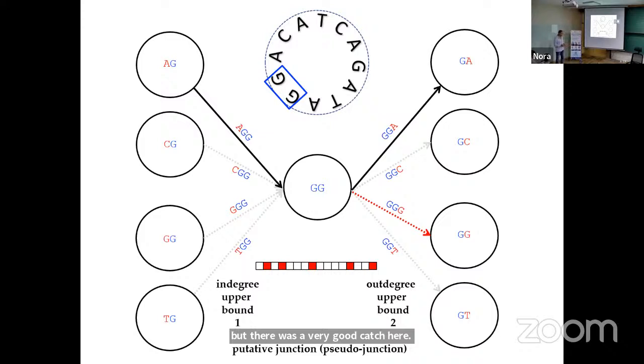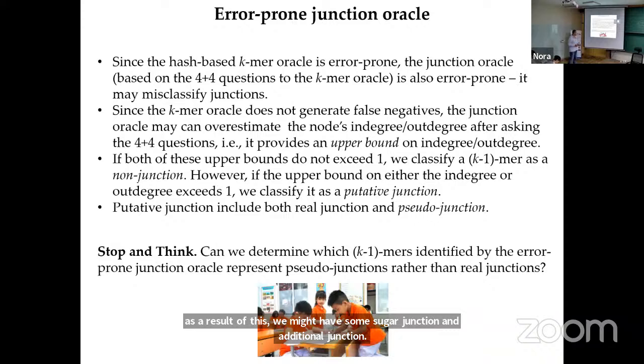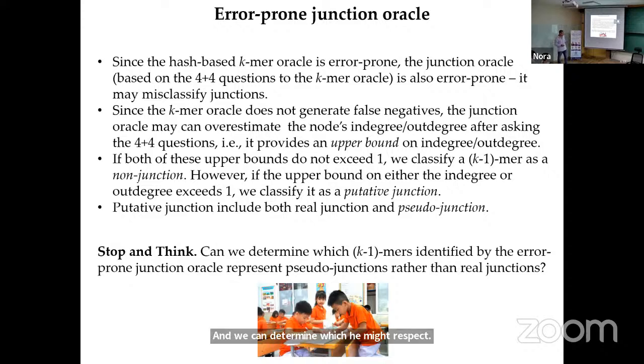So as a result, we may have some pseudo junctions in addition to junctions. And the question is, can we determine which (k-1)-mers identified by our error-prone junction oracle represent pseudo junctions rather than real junctions? We should get rid of these pseudo junctions.